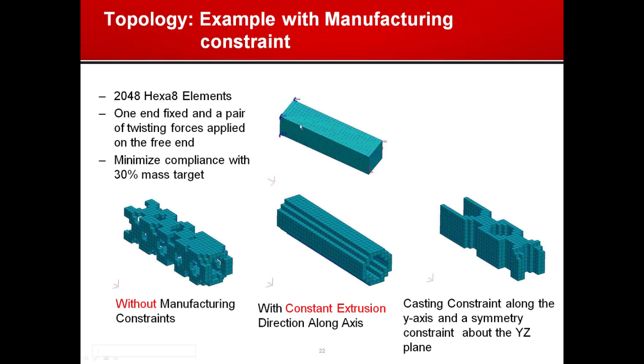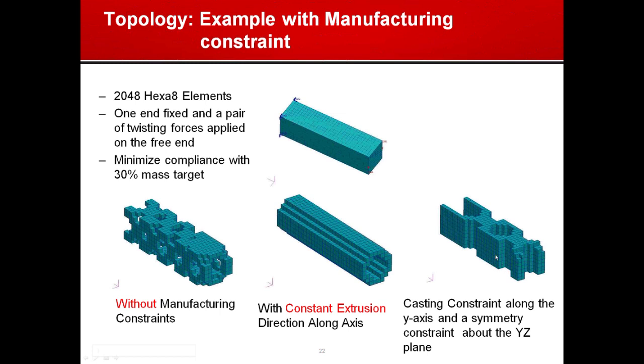In this example, we have added extrusion constraints so that you can see that this component will be extrudable. Whereas the one on the right, we added a different type of constraint where we had a symmetry about the YZ axis and a casting constraint along the Y direction.